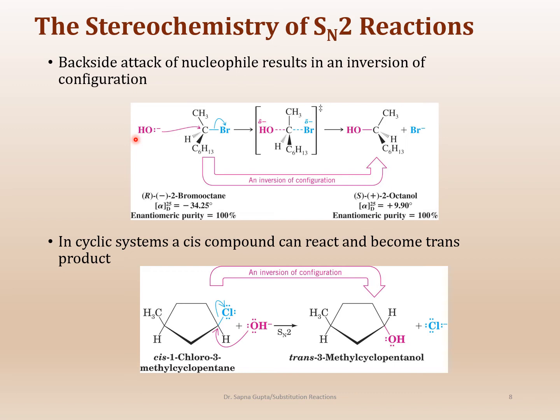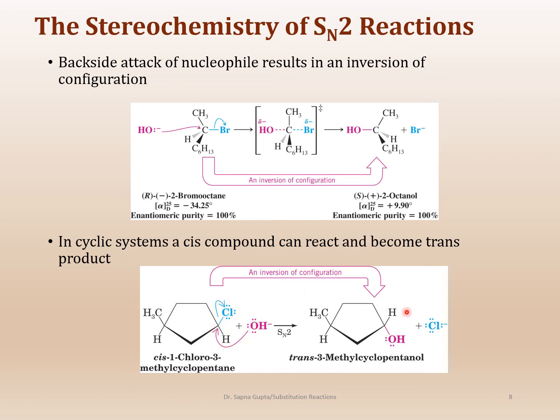This is something you have to be aware of when you're doing SN2 reactions and you have a chiral center, so that you can be assured of what kind of product you're going to get, because stereochemistry is important when it comes to chiral centers. All right, so this is the bottom example. It's a little bit easier to see because in this case you start with cis, where both hydrogens are on the same side, and here comes the hydroxide from the backside.